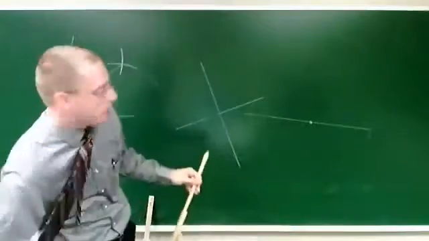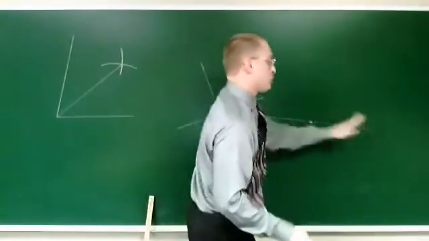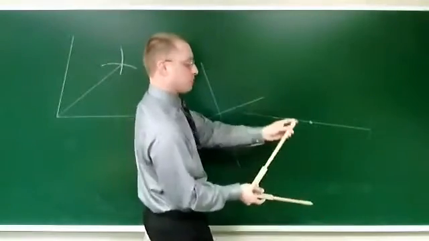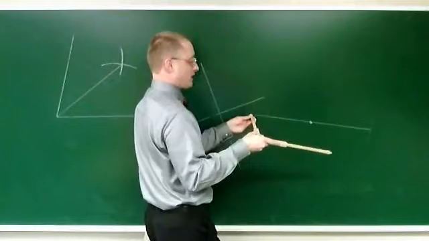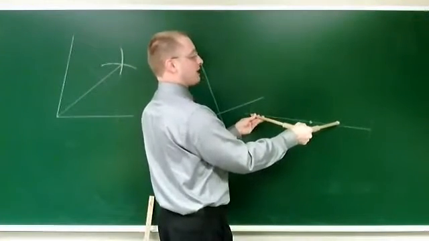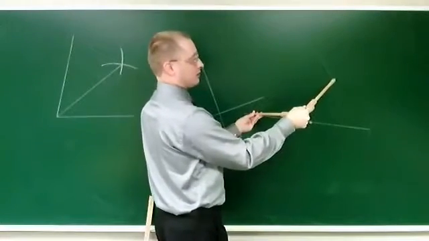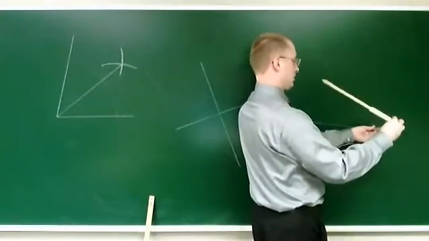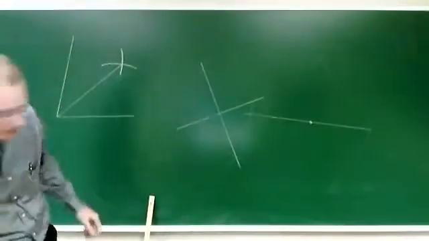Yeah, the point of the compass stays on the point to make the first two arcs. Once you've made those arcs, now we want to use those arcs, obviously. So we're going to put the point of the compass not on the dot. We're going to move it off the dot and put it on the intersection here. So we've opened the compass wider, and now we make an arc above. Good, and then you would switch to the other intersection and then make another arc. There we go. All right, and then of course connect the dots.